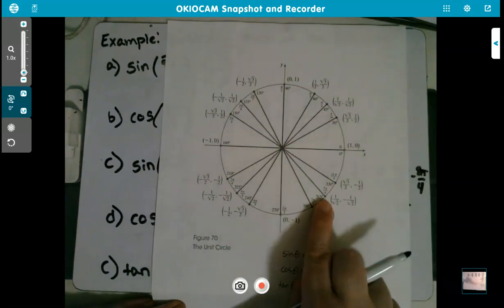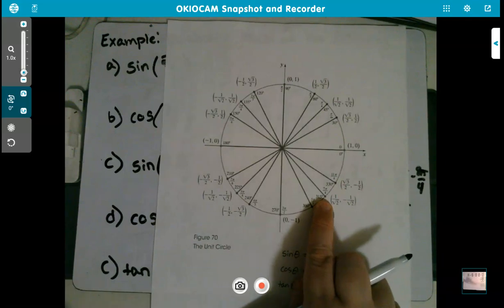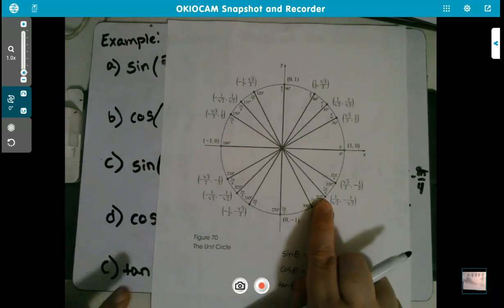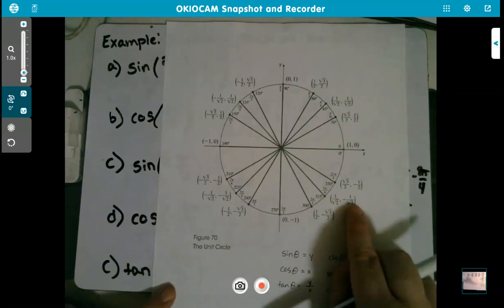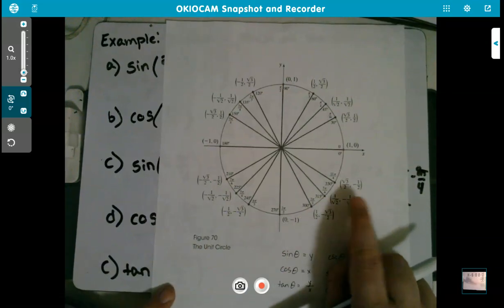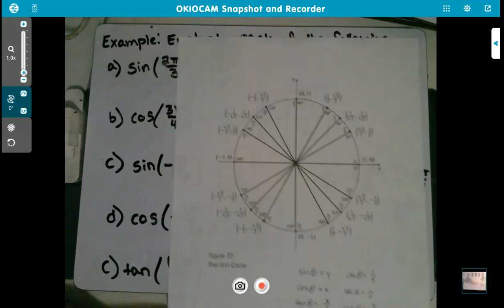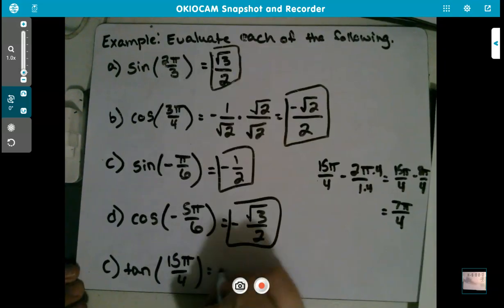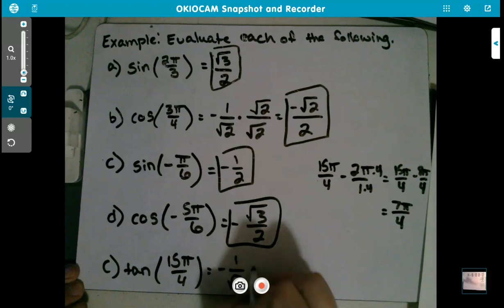So I'm using this dot. Okay. Tangent is y over x, so I'm going to do negative 1 over the square root of 2 divided by 1 over the square root of 2. Again, negative 1 over the square root of 2 divided by positive 1 over the square root of 2.